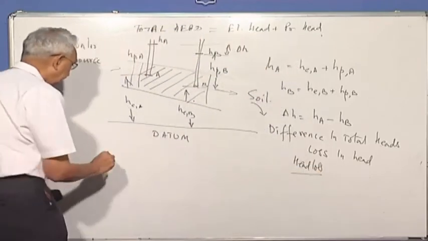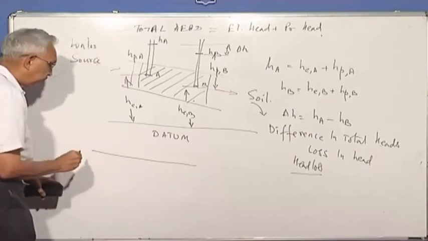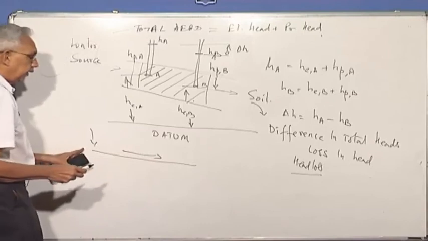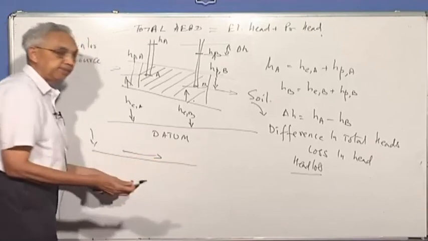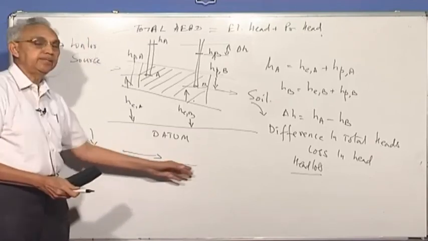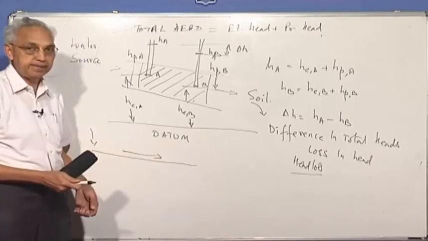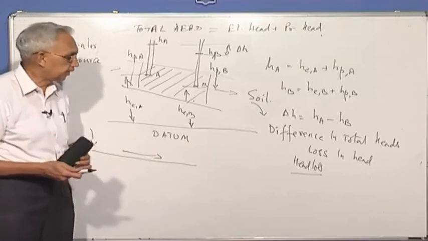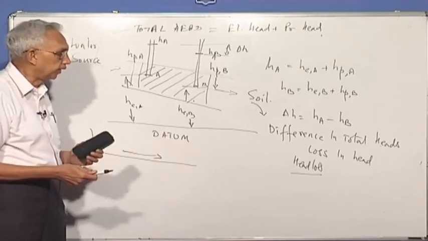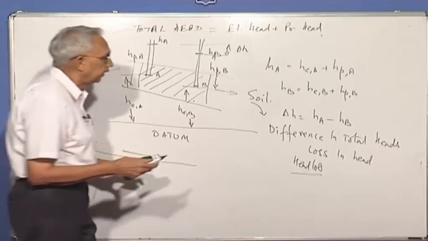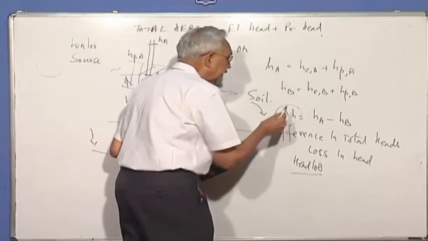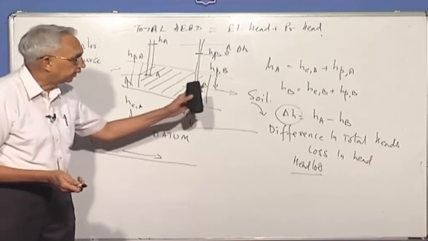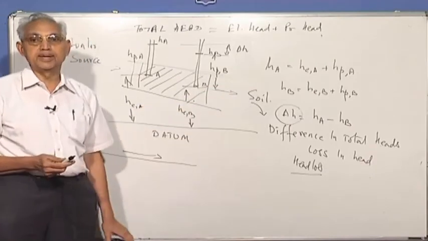You know that, for example, if I have a sloping ground and you pour water on the floor, it will flow because the pressure head is 0 on the surface and the elevation head is decreasing with respect to any datum. That is why we say water finds its lowest elevation and flows always to the lowest point. So basically I want you to realize that unless there is a loss in head, unless the total head decreases, the flow cannot take place.